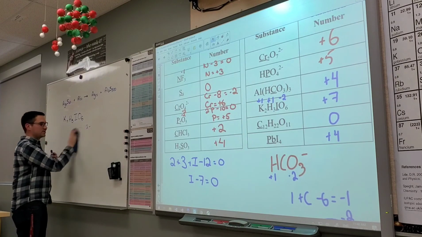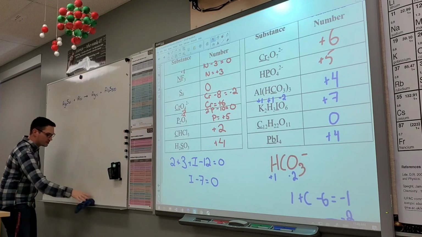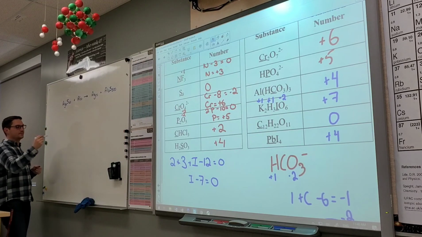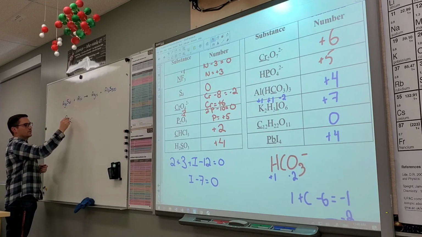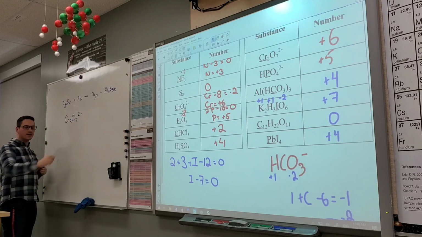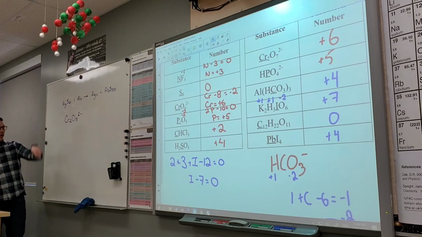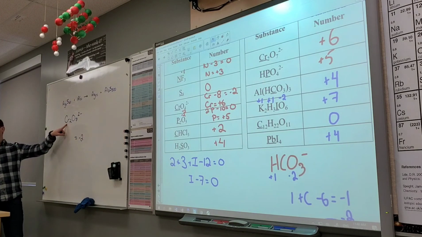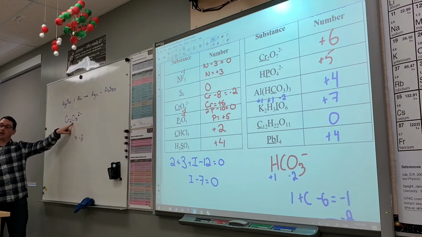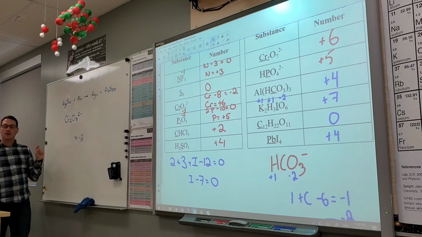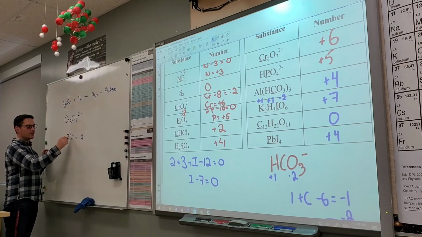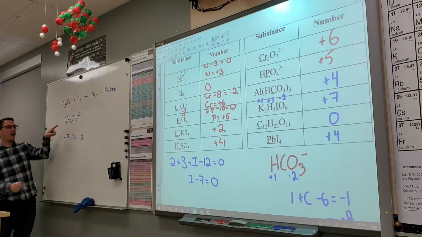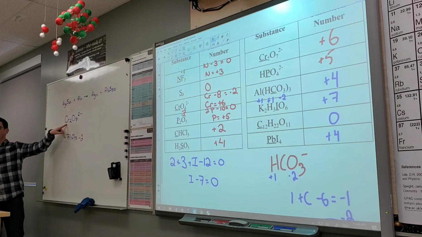Cr2O7 2-. I don't know how you get the +6. Okay, so Cr2O7 2-. The whole thing has to equal -2. We don't have a rule about chromium, but we have a rule about oxygen. What is oxygen? -2. So 7 -2s. And how many chromiums are here? 2.